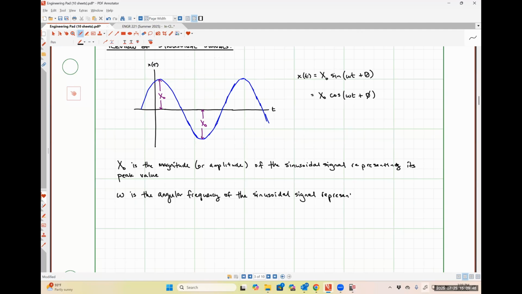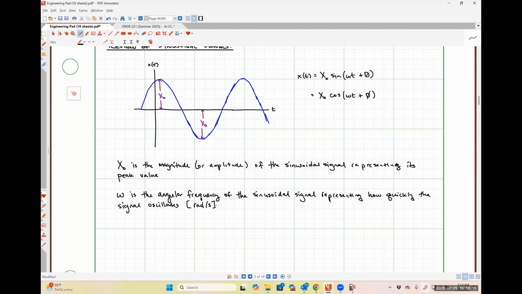And it represents how quickly the signal oscillates. Okay. It is always measured with units of radians per second. Okay.